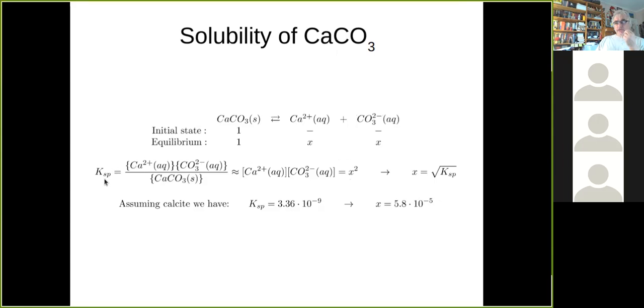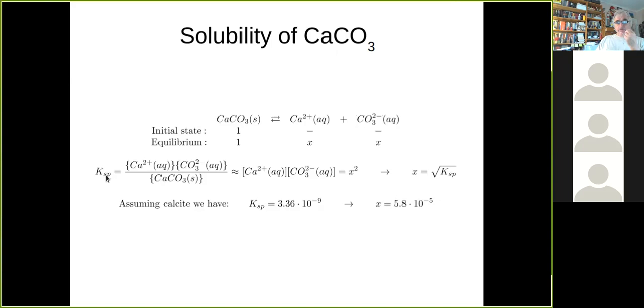And if we know the value of the equilibrium constant, the solubility product, sometimes it's called only Ks, for the equilibrium constant for the solubilization reaction or solubility reaction. But if it says S or SP, it's probably the same.